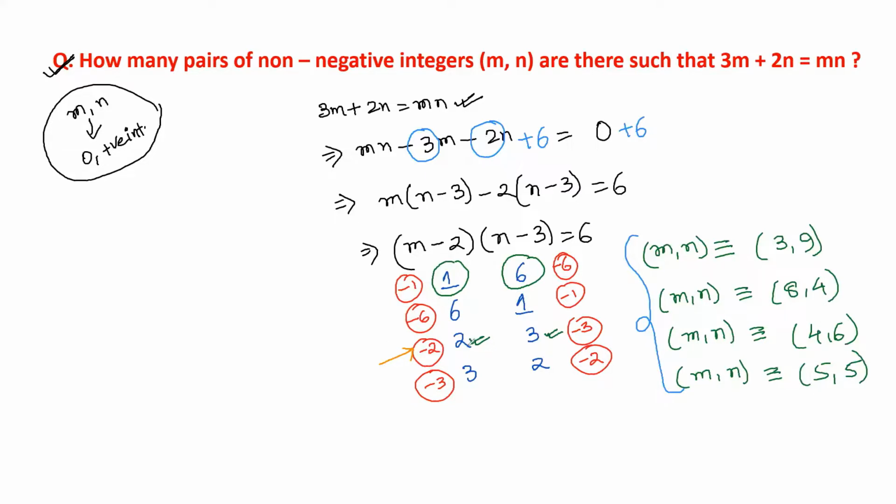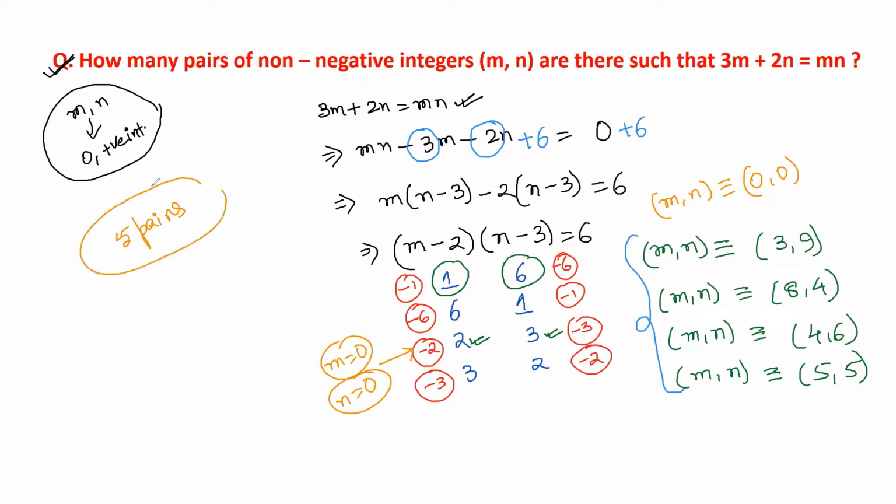When m minus 2 is -2, m would be 0, and n minus 3 is -3, so n would be 0, which is a possible case because we need to find pairs of non-negative integers. So one mn pair will also be 0, 0. Altogether, there would be 5 pairs of non-negative integers mn such that 3m plus 2n is equal to mn.